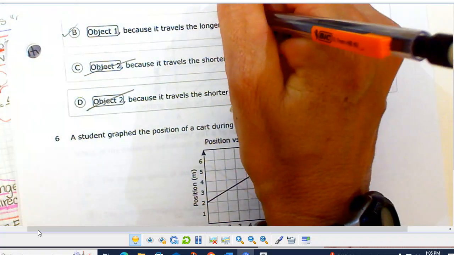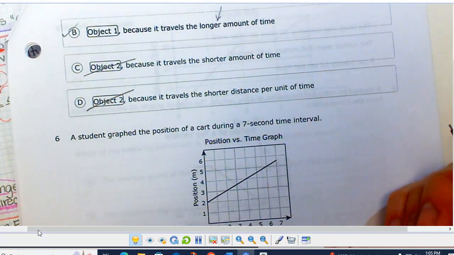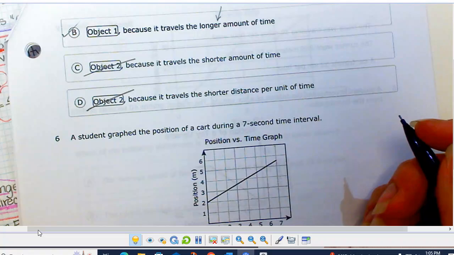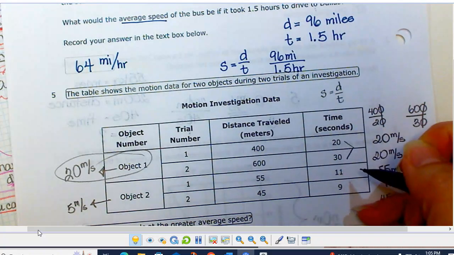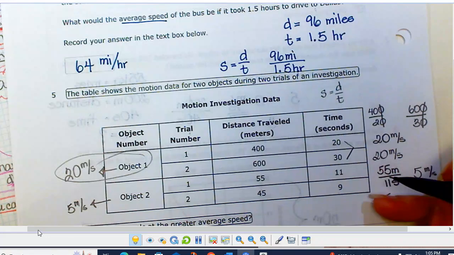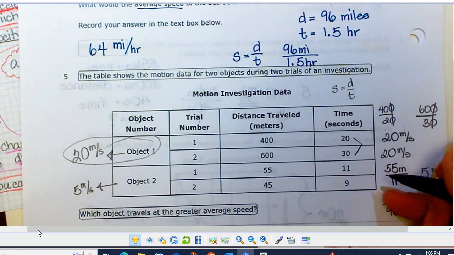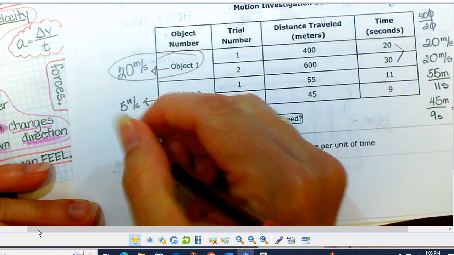That just means the time trial was longer. It doesn't necessarily mean that the speed was faster. Yes, the two time trials are both longer, but it's the distance divided by time that I'm really interested in. All right, so A is going to be our answer.